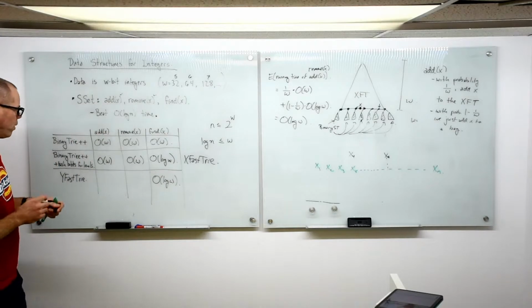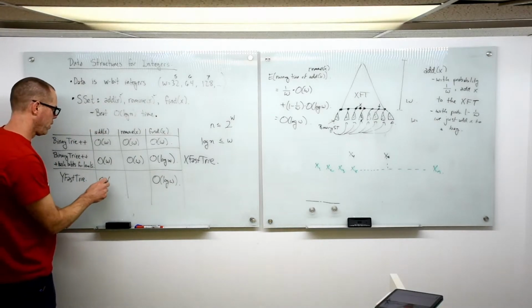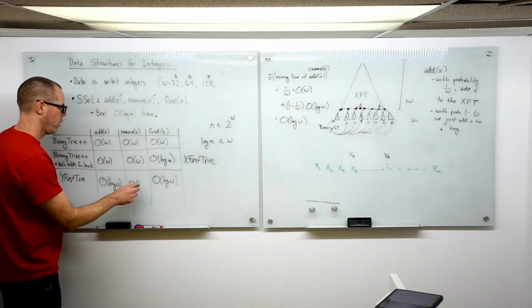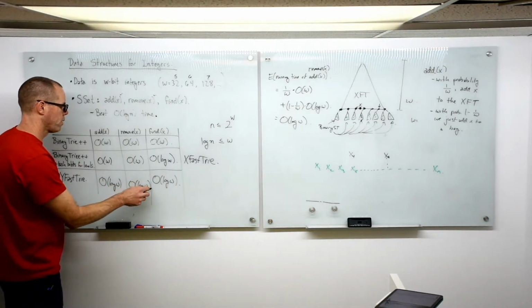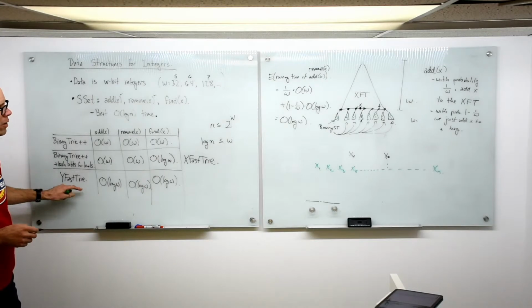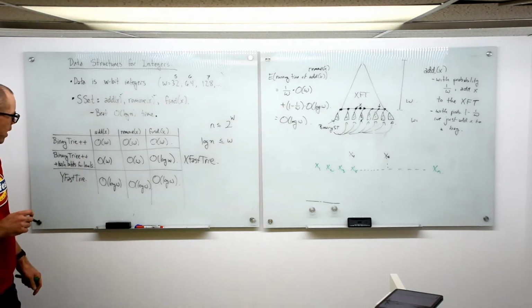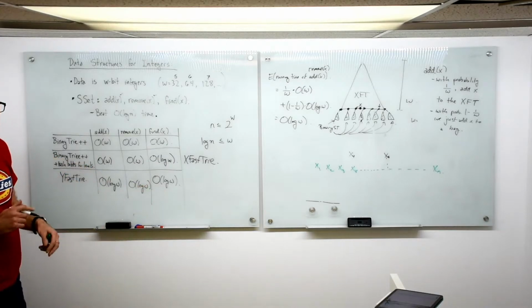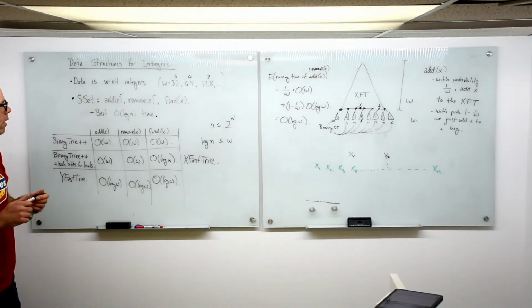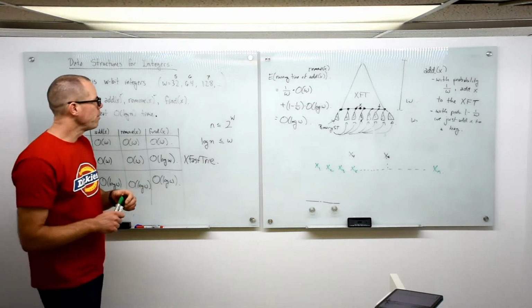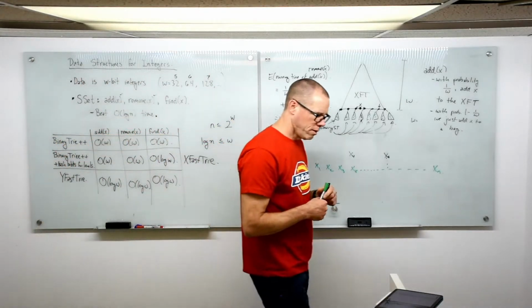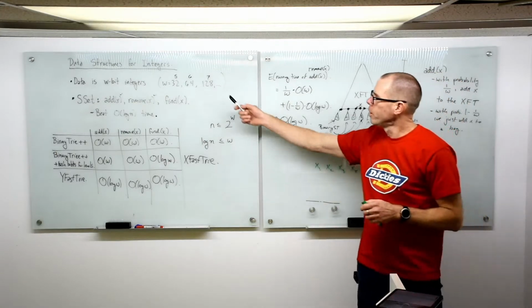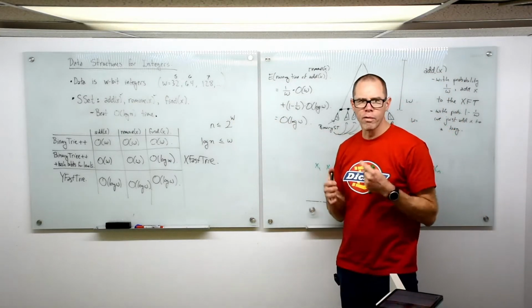Okay. So that means that you can add, remove, and find things in this YFast trie data structure, and the expected running time for each of those operations is O of log W. So these can be enormous integers, right? If you think 128 is not enough, go up to 512.